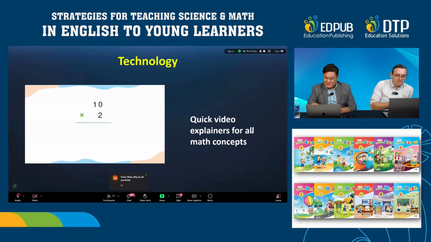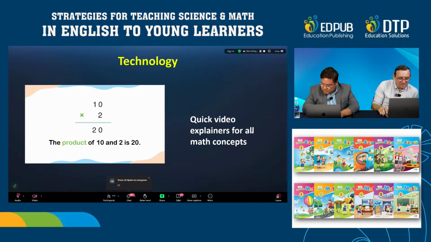And 0 by 2 is 0. And next we multiply 1 by 2. And our answer is 2. So there we go, we've got 20. That's correct. So we can say the product of 10 and 2 is 20.